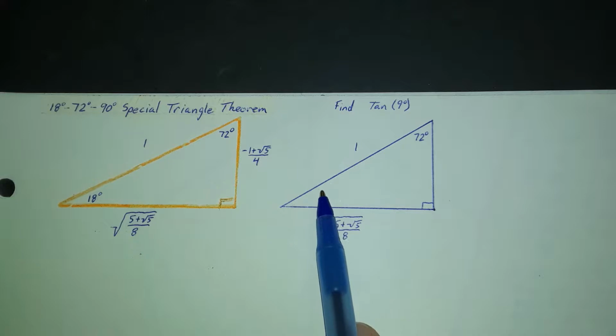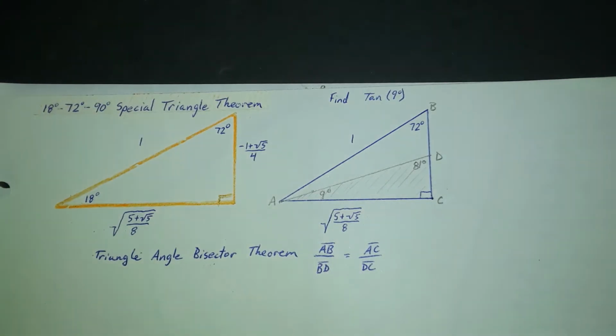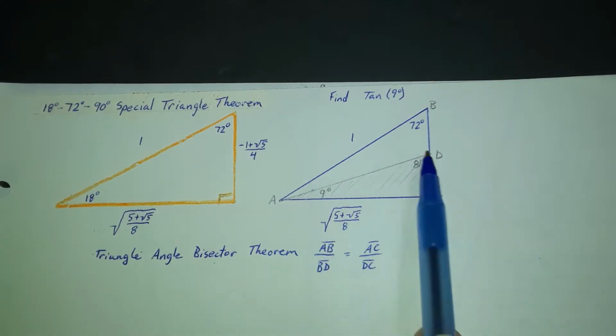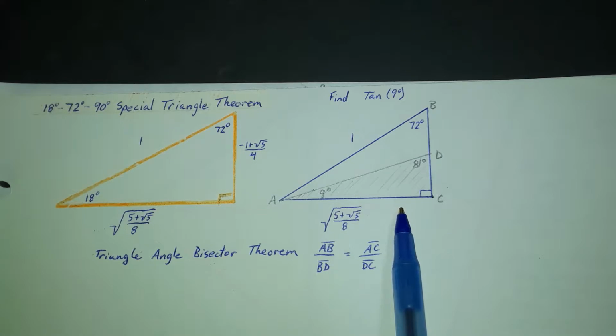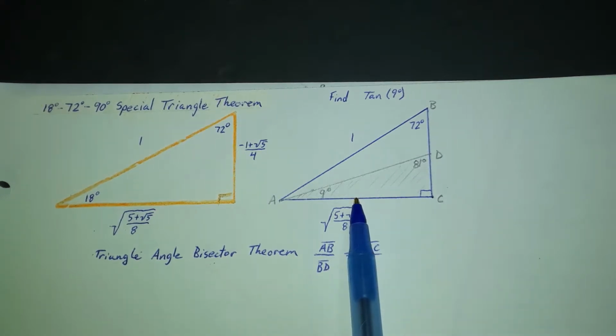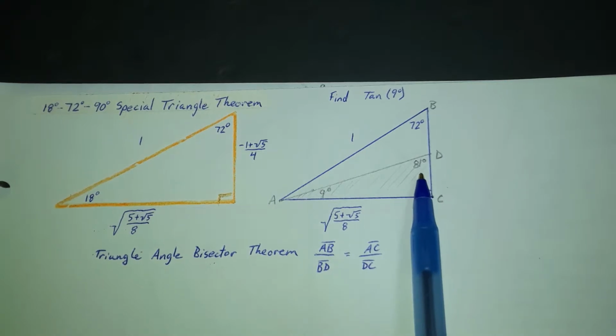What the theorem does tell us is that given that this angle is cut into exactly 2 congruent angles, we have a proportionality. Alright, so I've bisected this angle, so I have 9 degrees here. Using the fact that the interior angles of any triangle sum to 180 degrees, we're able to determine that this angle here is 81 degrees.